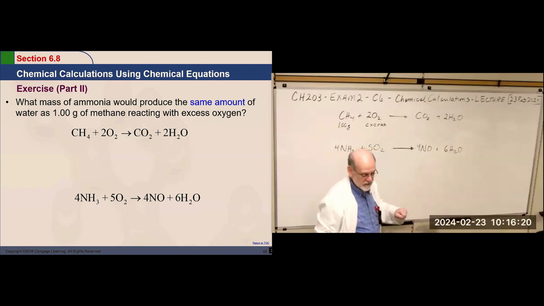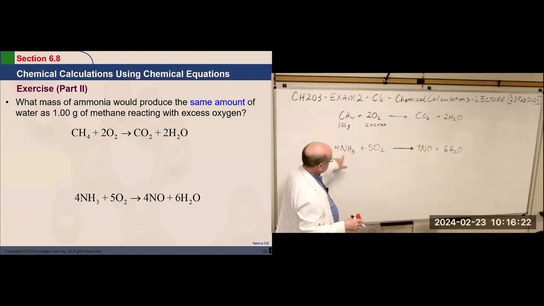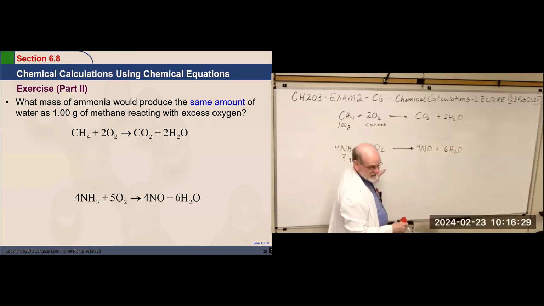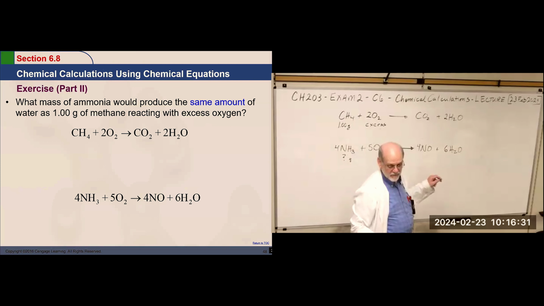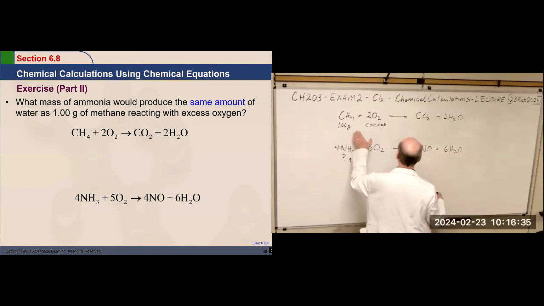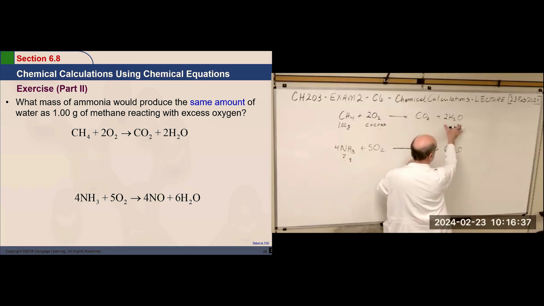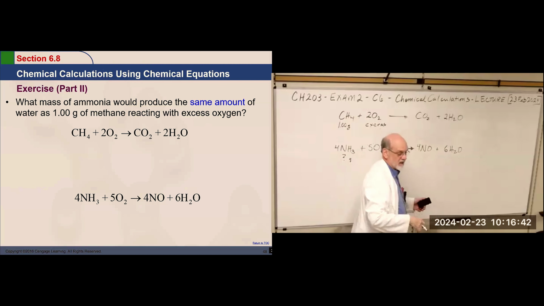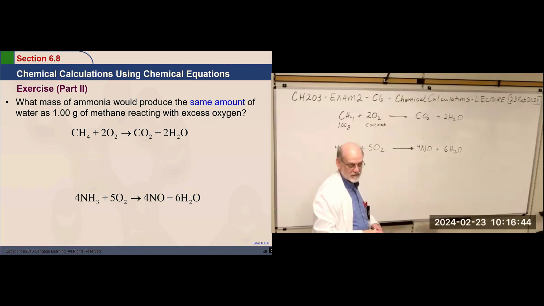What we want to know is what mass of ammonia would give us exactly the same amount of water. This is going to produce a certain amount of water. We want to know how much ammonia will give us exactly the same mass of water. Okay?